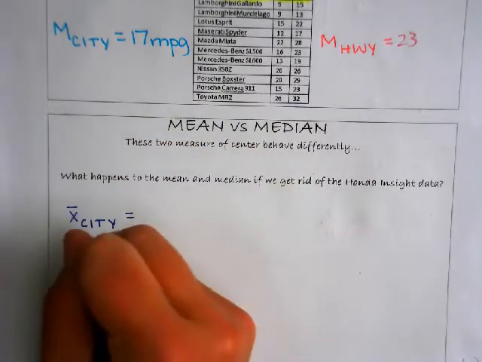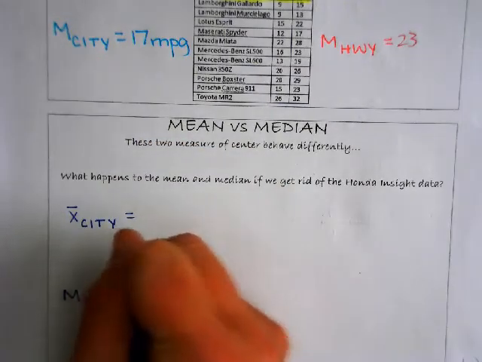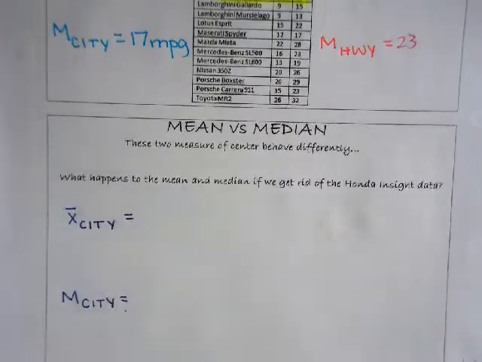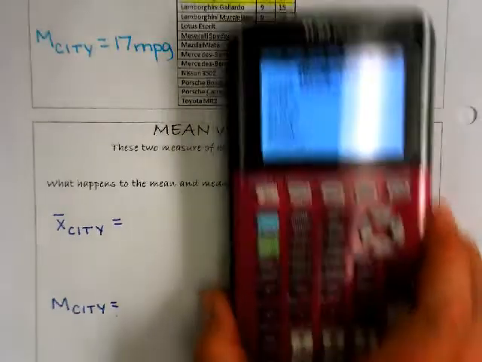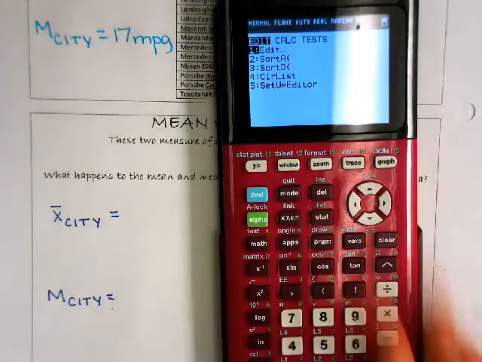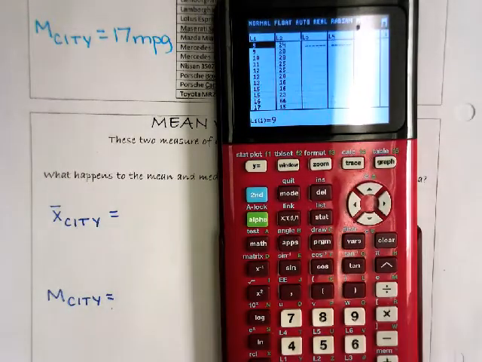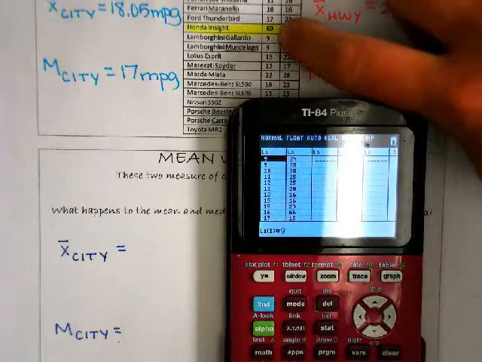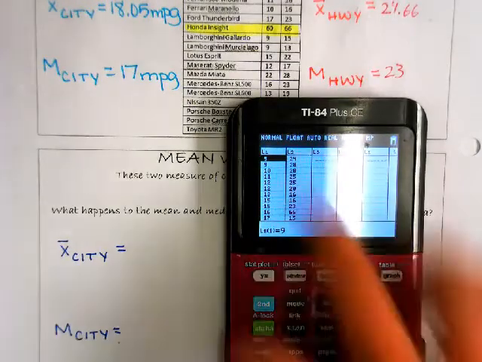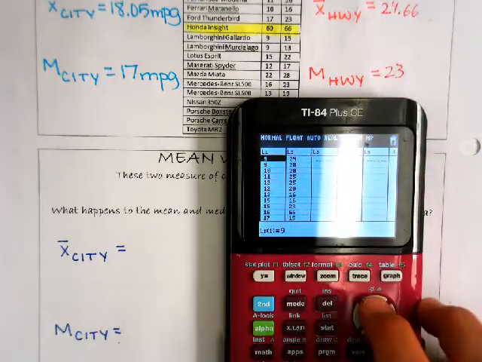So I'm going to go back into my list, so stat, and I'm going to choose edit. The Honda Insight for city is the 60. So since that's in order from smallest to biggest, if I scroll up, it'll actually get me to the bottom of the list quicker.